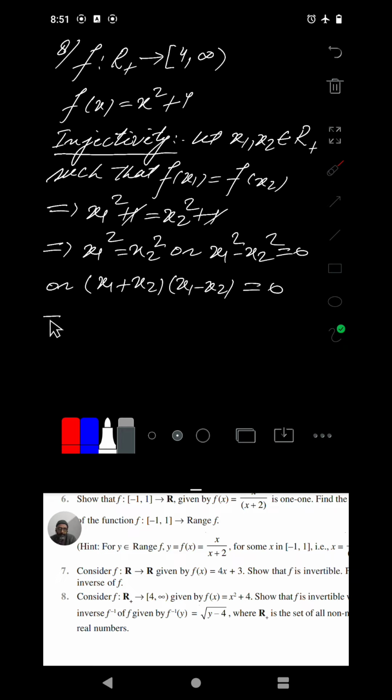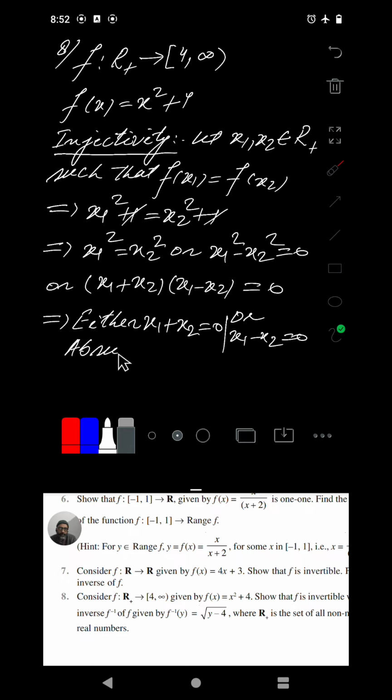It implies that either x1 plus x2 is equal to 0 or x1 minus x2 is equal to 0. Since x1 and x2 both belong to R positive, that is non-negative real numbers, and sum of two non-negative real numbers may not be 0, so this result is not valid, or we may say that this is an absurd result.